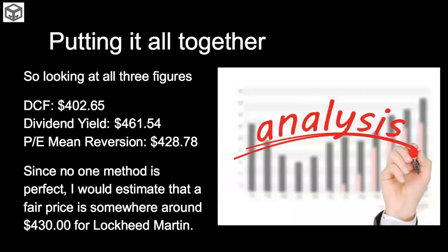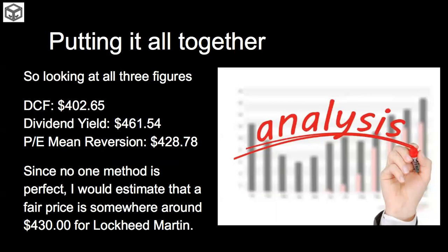Now that we've looked at all three methods, let's put it all together to see what valuation we can come up with. As a recap, our discounted cash flow showed us a valuation of $402.65. The dividend yield theory came up with $461.54. And the price to earnings mean reversion came up with a price of $428.78.